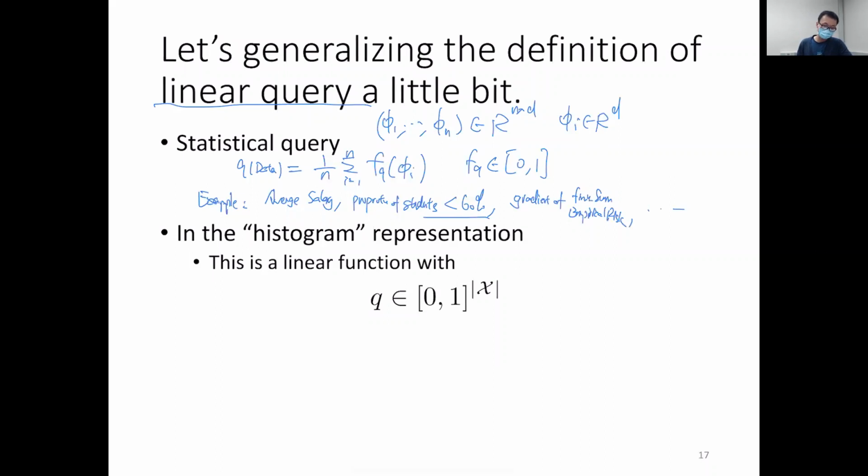So now I argue that in the different histogram representation that we talked about earlier, this is simply linear in some function or some vector q in this space. Let me show you how that works. For a statistical query, it can be decomposed into f q of phi i.